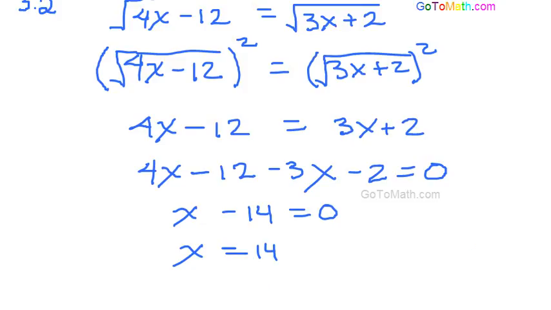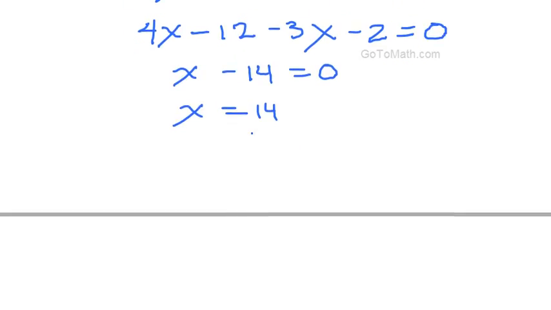Now, of course, we've got to check this, okay, because that's just a possible solution. So let's check it. So we got the square root of 4 times 14 minus 12, what do we get?